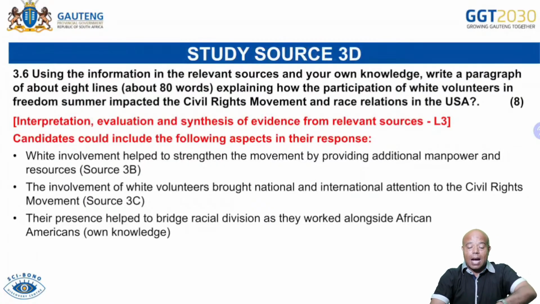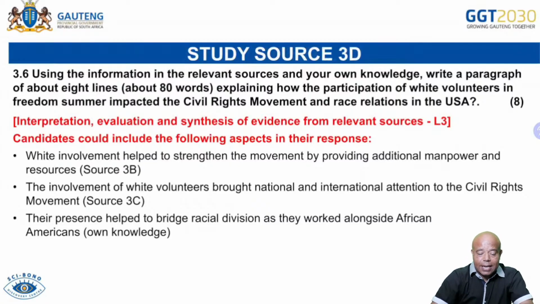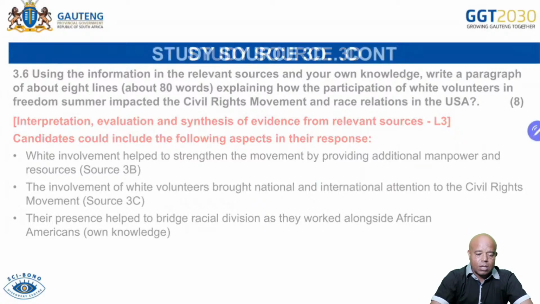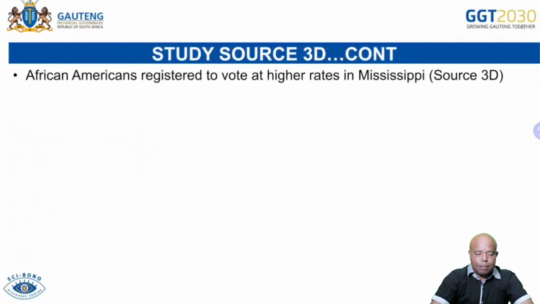You see how this has been paraphrased. The main topic is in the source, but it has been paraphrased, and again it indicates where we found this information. The presence helped to bridge racial division as they worked alongside African Americans. Where was it found? Own knowledge. This person studied the work, and this is why own knowledge is produced here.